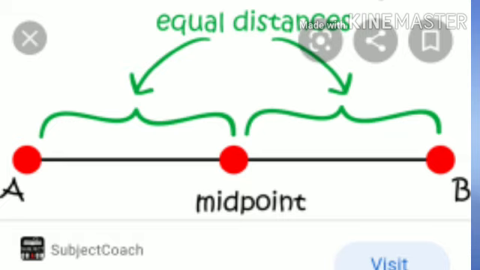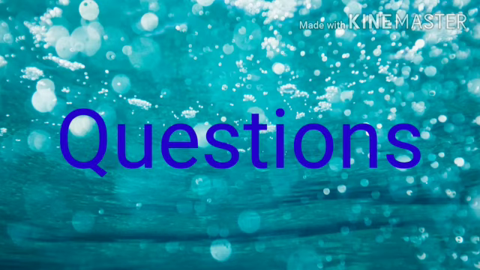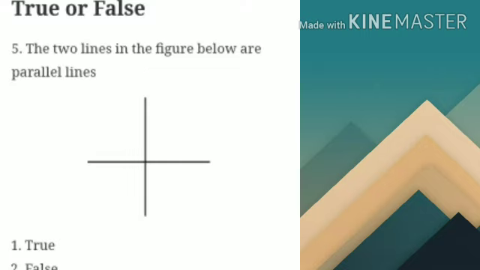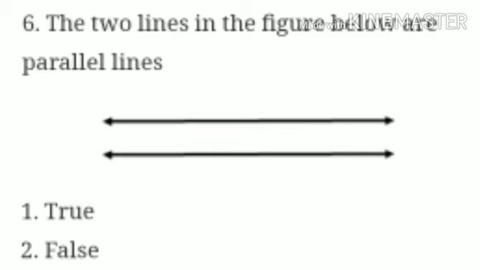Now let us check your knowledge, how much you understood. Here are some questions for your practice. First question is, true or false? The two lines in the figure below are parallel lines. Second, true or false? The two lines in the figure below are parallel lines.